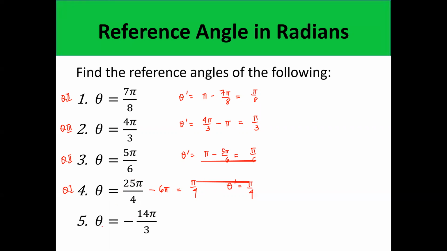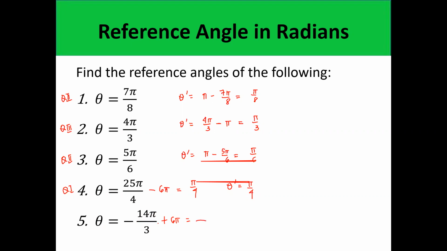And then for the last example here, we have theta equals negative 14 pi over 3. This is again outside of the interval from 0 to 2 pi. If we compute negative 14 over 3, that's going to be negative 4 point something, which means we need to add 6 pi in order to get the coterminal angle.